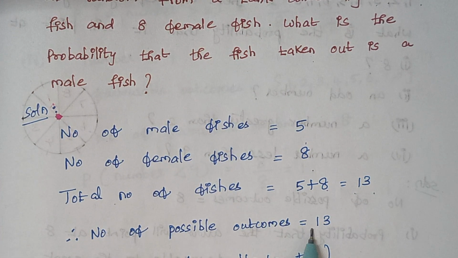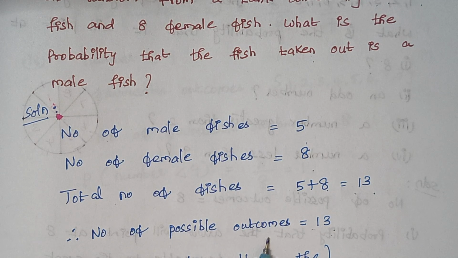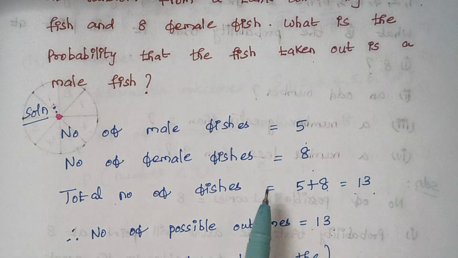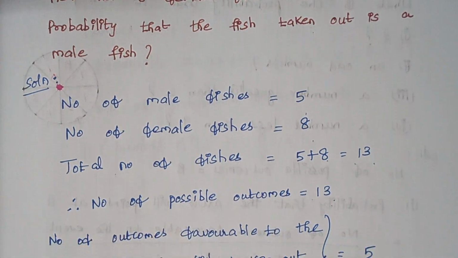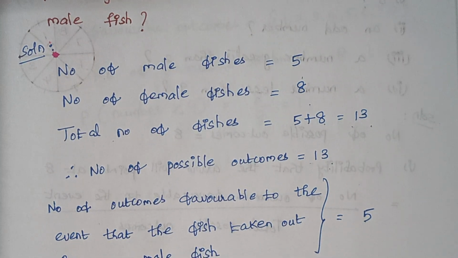Right? This is the maximum number of fishes. When you add all the fishes, the total sum is 13, which is nothing but the number of possible outcomes. Here we have to find the probability of selecting a male fish. Again the same concept: we have 5 male fishes.